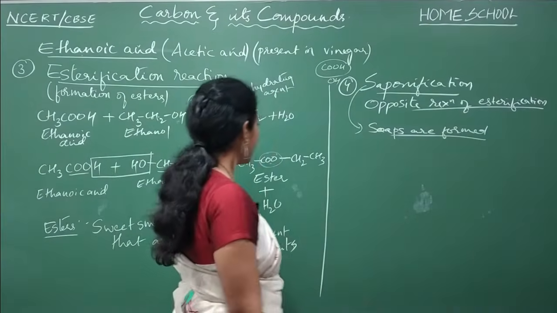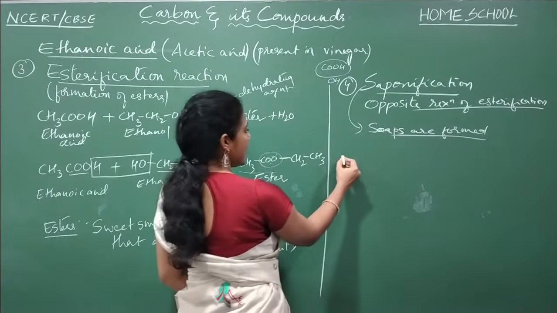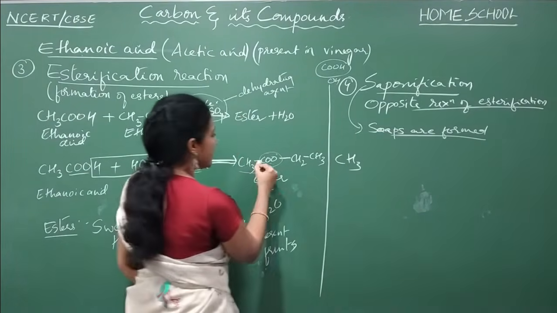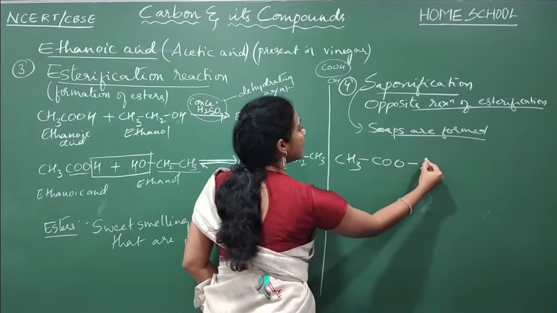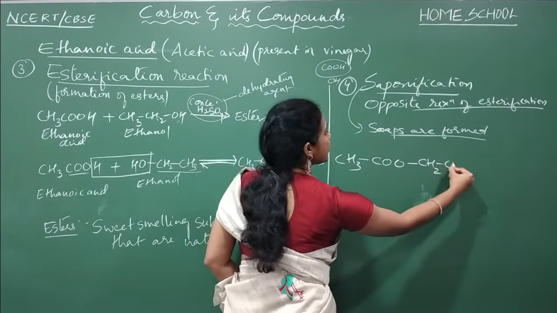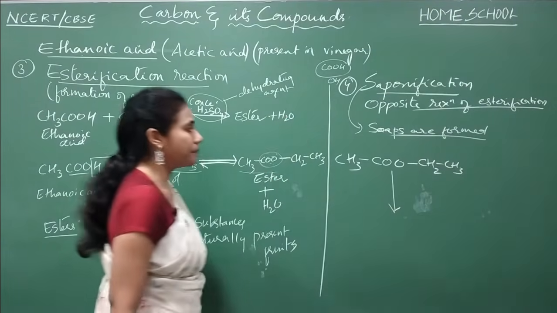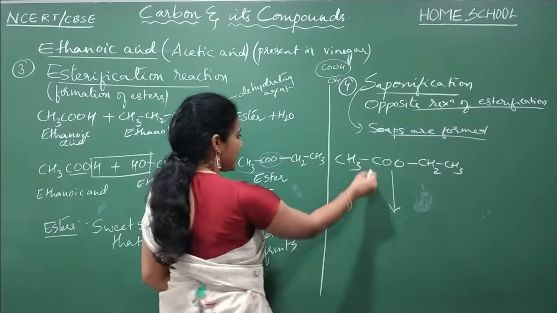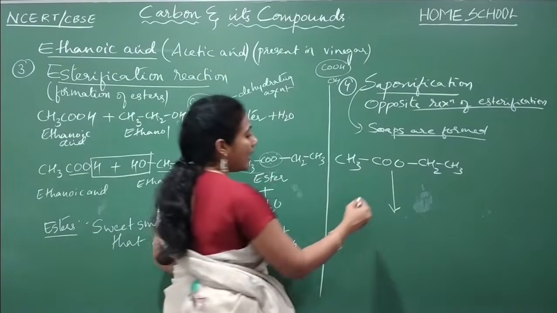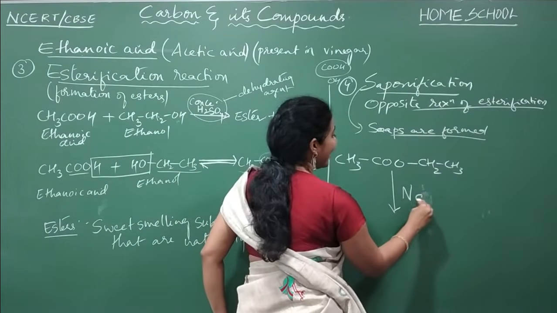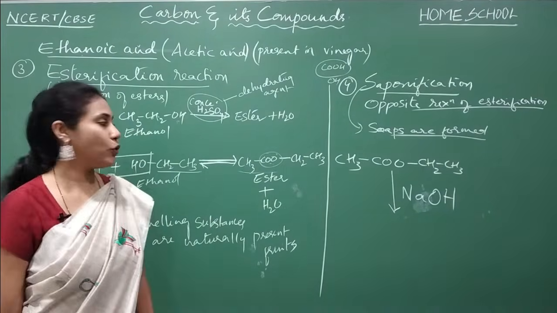See what happens here is, I will take ester. Remember the structure of ester, that is CH3 COO CH2 CH3. Yes or no? So this is our ester, guys. And to this ester, instead of water, I will be taking NaOH.